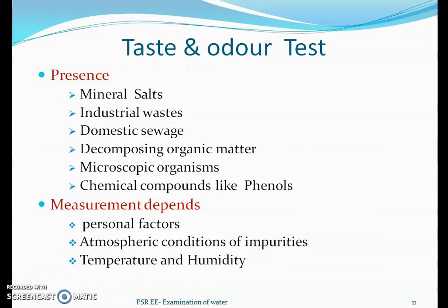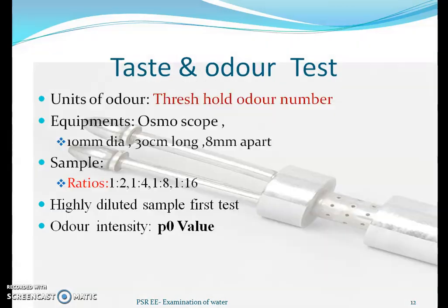It is difficult to identify the taste and the odor because it depends on the person. What are the units of odor? The unit of odor is the threshold odor number, and it gives a number. That number gives the level of the odor, how much of it is there.